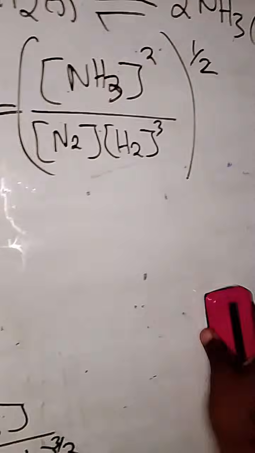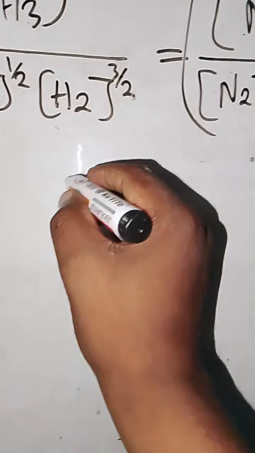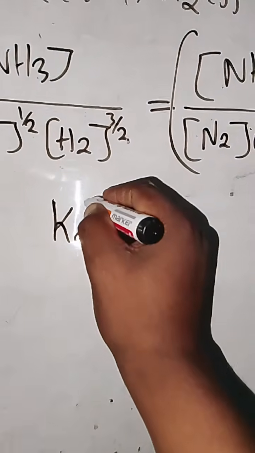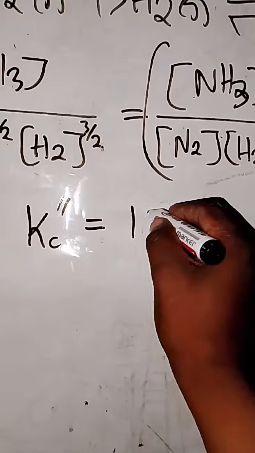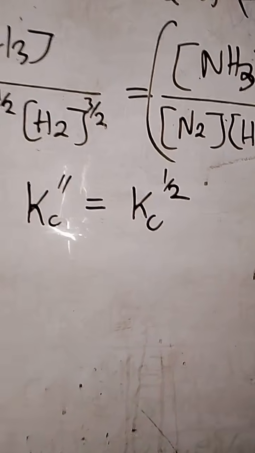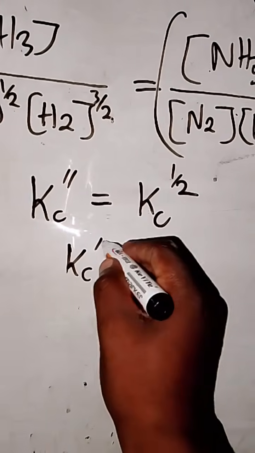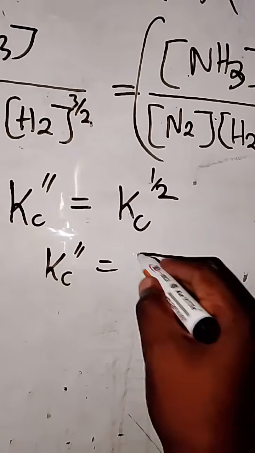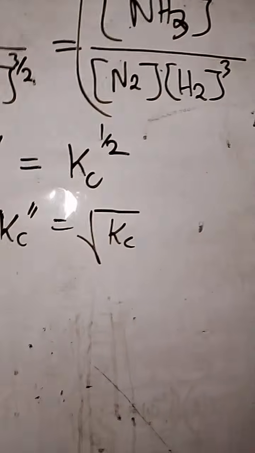So now we can safely say that Kc double prime is equal to Kc to the power half, which is just the same as the square root of Kc.